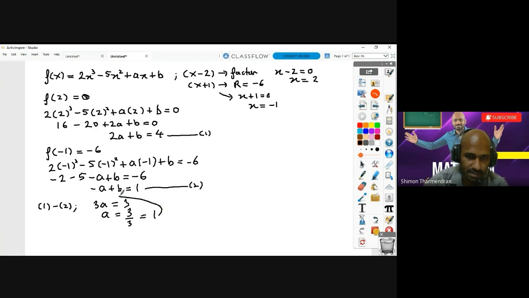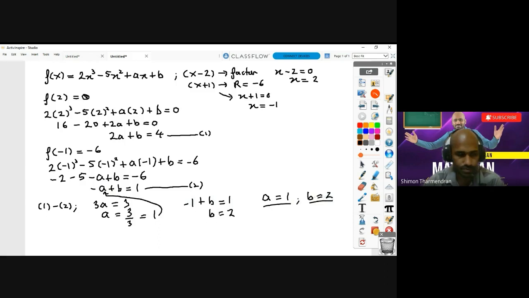I just got to take a and put it back in here. So we get minus 1 plus b equals to 1, giving me b equals to 2. Therefore, we have the answer a equals to 1, b equals to 2. Clear, guys and girls?